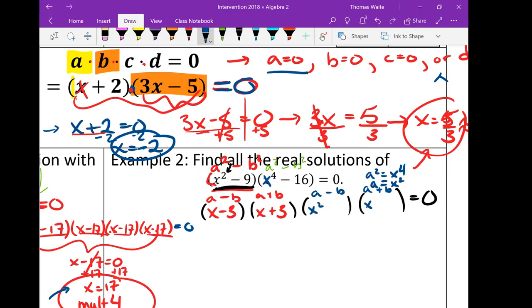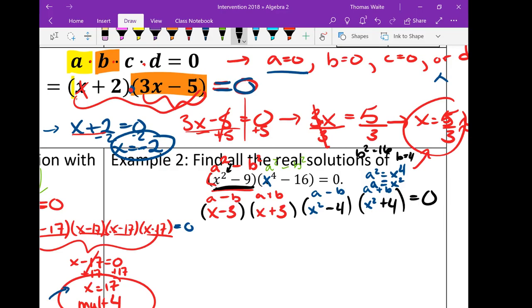And then b squared is equal to 16, which means what times itself would give us 16? Well, then b is just going to be 4. So we get x squared minus 4, x squared plus 4.